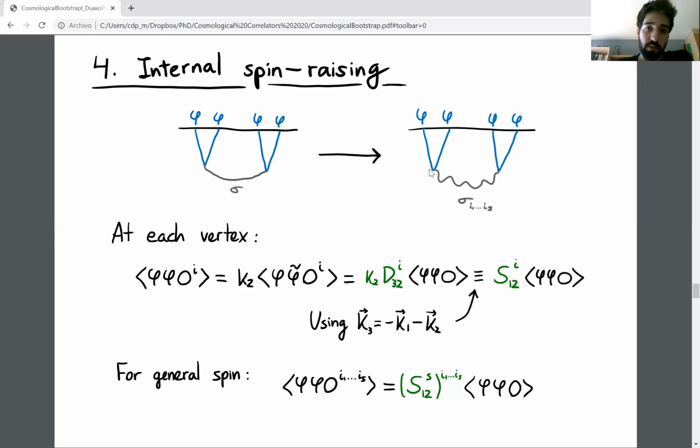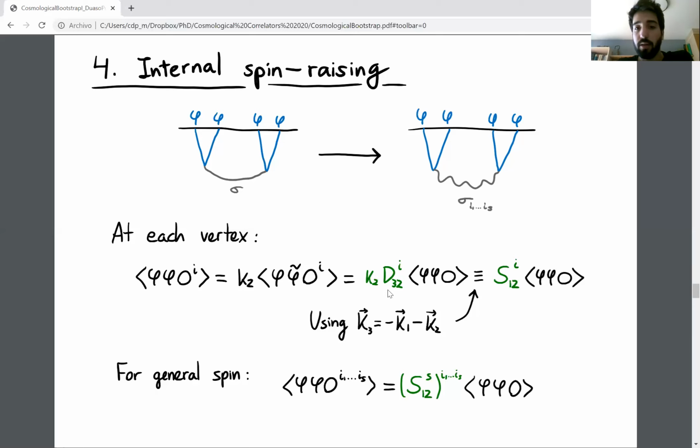For example, in this case where the exchanged field has a spin, at each vertex the process corresponds to one of these 3-point functions, where we have 2 conformally coupled scalars and 1 spinning field. This is for the case of spin 1, by the way.